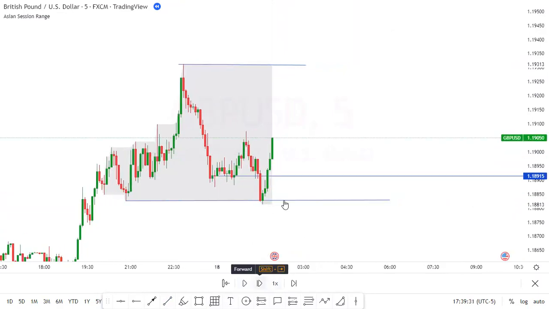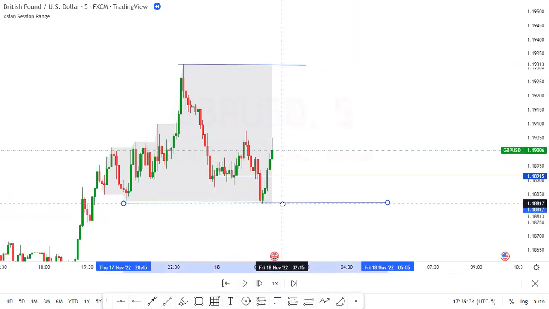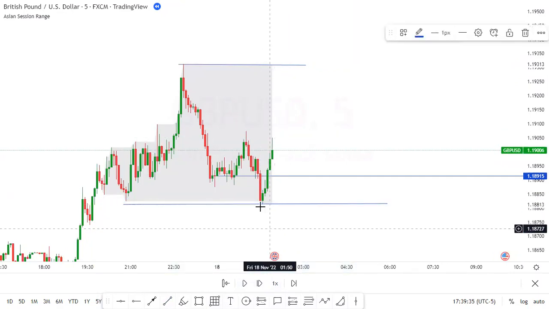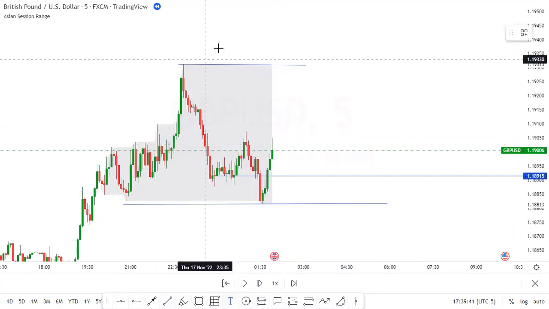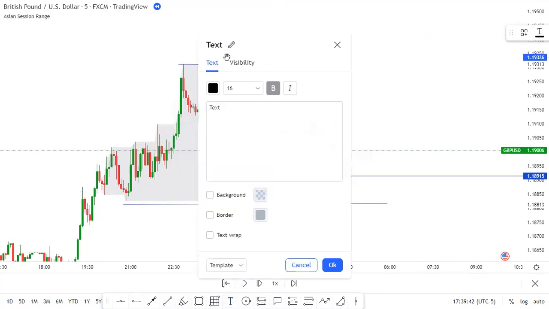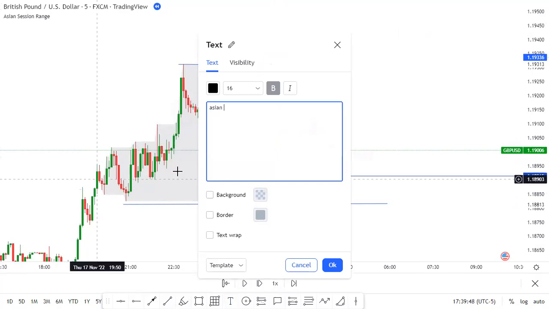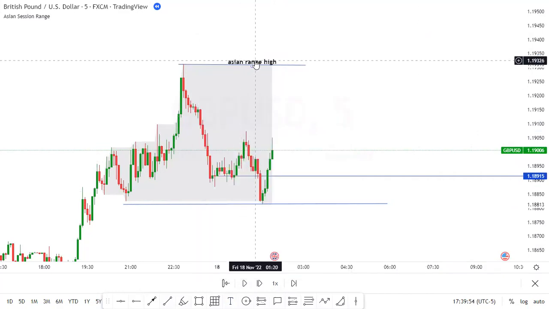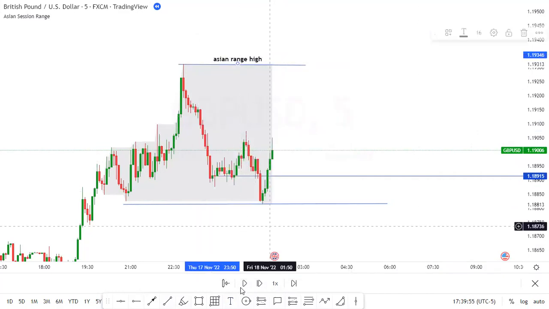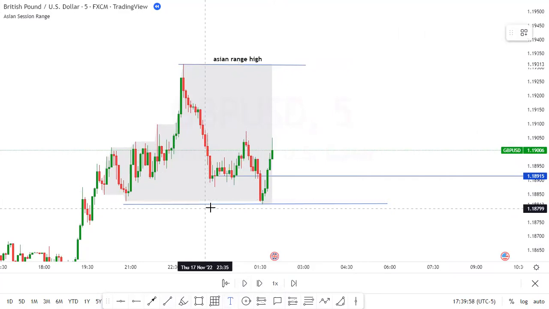Okay, so as you can see here, this is the Asian range low, and that's where the Asian range low ends. This is the Asian range high, and this is the Asian range low.